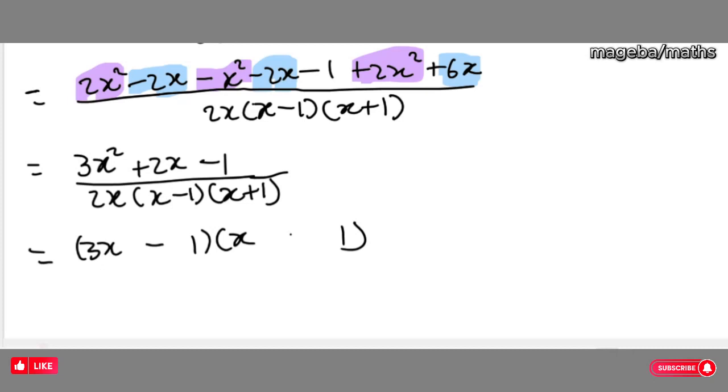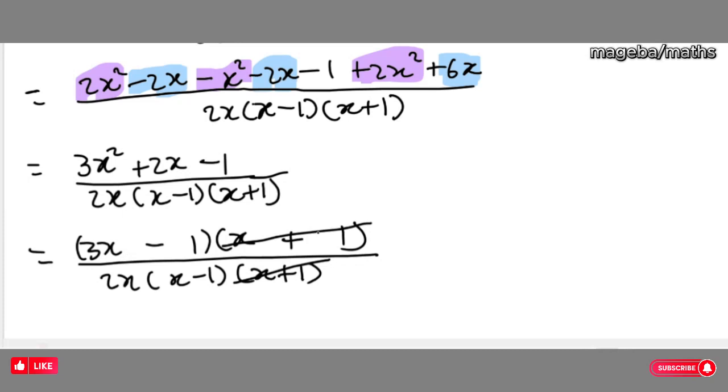And then from here it's just 2x into x minus 1 and then x plus 1. I hope you see this one is the same as that one, so they can cancel each other, and then from here I'm going to be left with 3x minus 1 all over 2x into x minus 1.